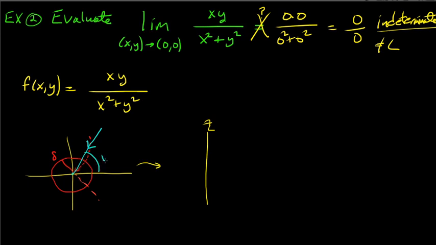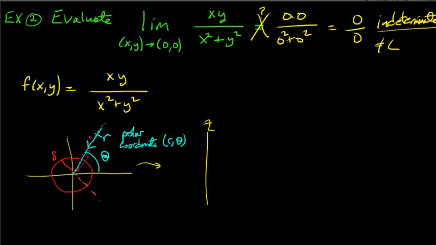So what constitutes a direction if you're approaching this way? Well, how about the angle? All these points on this line here have the same angle with respect to the x-axis. So this suggests using r and theta, polar coordinates. Again, you don't have to do this, but this is one possible way to figure this out.